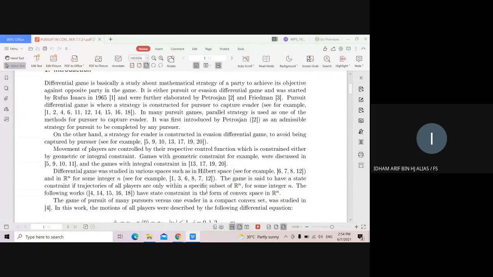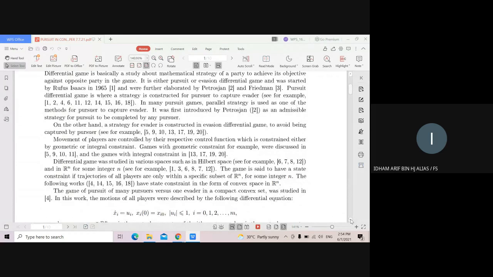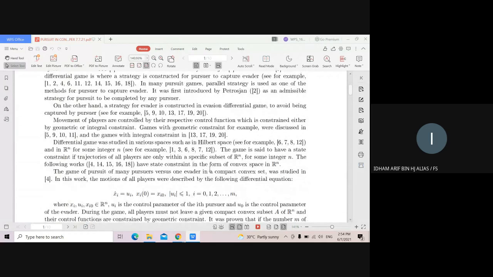So in our work, we study in a convex space, which is a subset of Rn. And for this more specific work, where the game is in convex space.